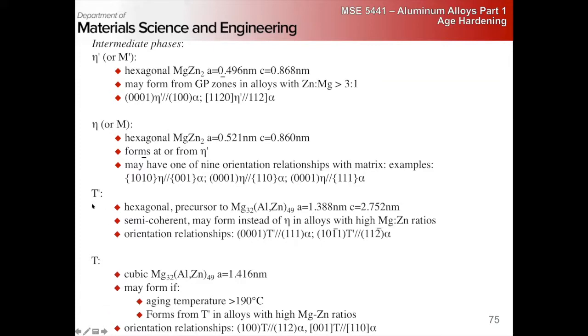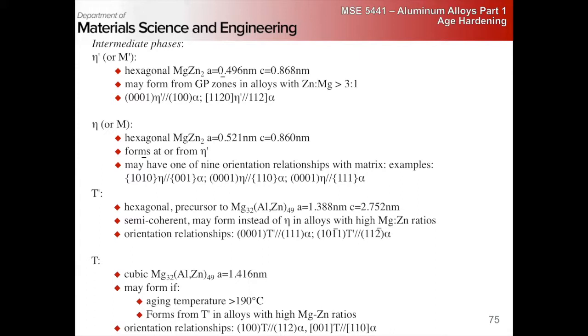We also have this T prime and T phase, different compositions that form coherently and incoherently, again with different orientation relationships, right? And we'll talk about these precipitation sequences more when we get into the specific alloys. But again, don't go memorizing these. Don't memorize what the particles are and whether or not it's Mg32 aluminum zinc 49. That's pretty useless, right? What are you going to do with that?